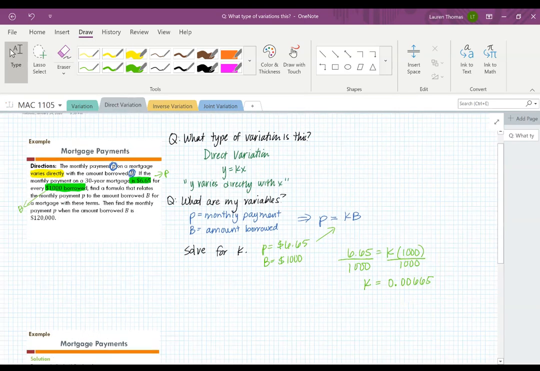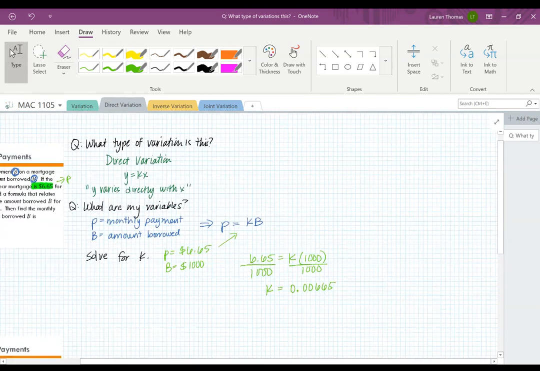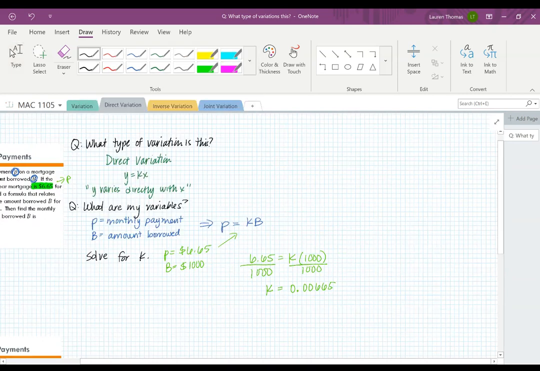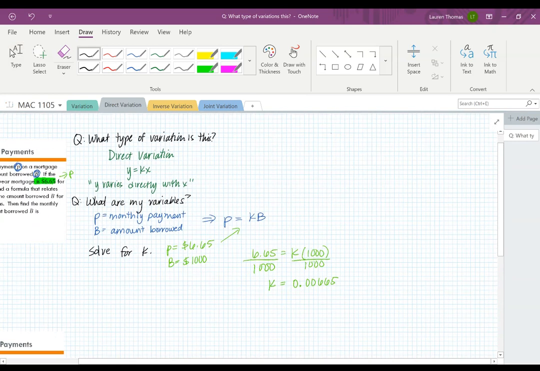Instead of just knowing that I have P equals K times B, I know exactly how much those variables differ from each other as I manipulate one. So now I can write my model as P equals 0.00665 B. That's my new model.